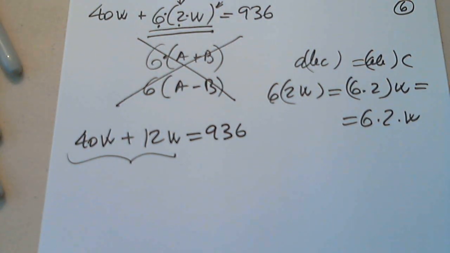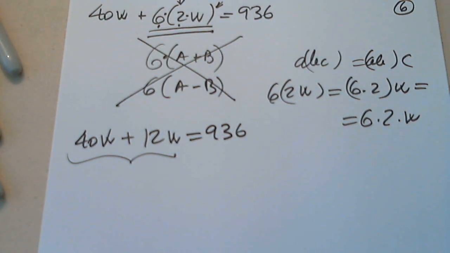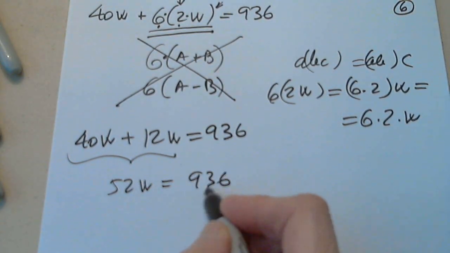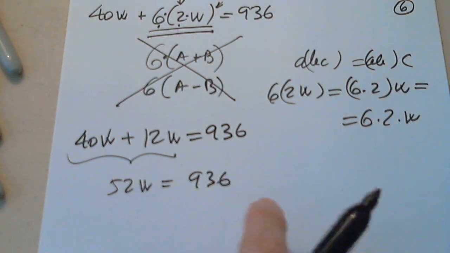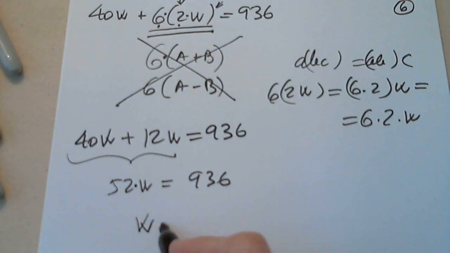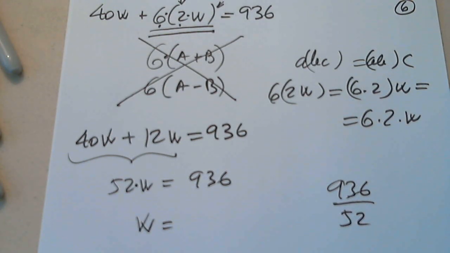We will combine them. 40 apples plus 12 apples. 52 apples. Final step. Don't say move 52. I cannot. It's connected by a strong operation. By? Yes. So I have 936 divided by 52.